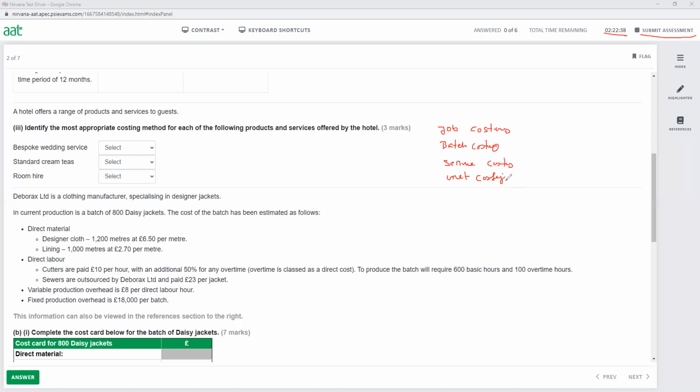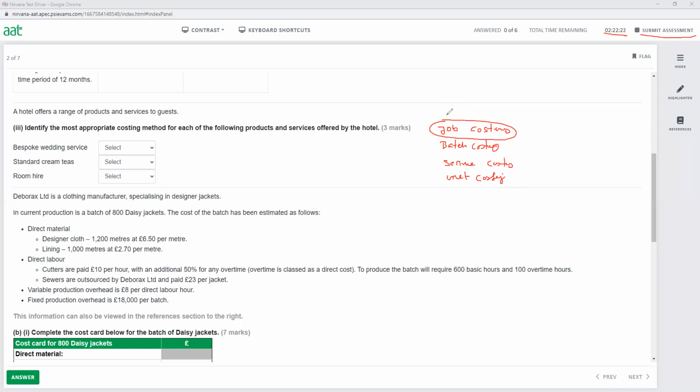Now the question is, which one is appropriate for which service or product? Job costing is all about a specific job. If the costing is relevant to one specific job, then we use job costing.